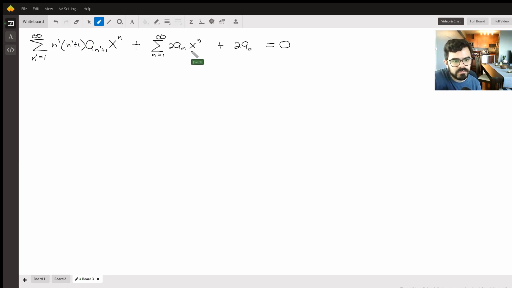So now we can join the two because we can, quote unquote, factor out the sum, or join the two sums, because we can add them term by term, like so. And we can factor out the x^n. So it'll look something like this.